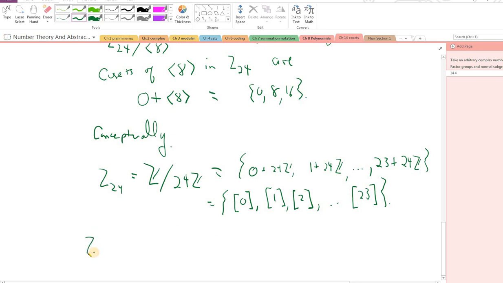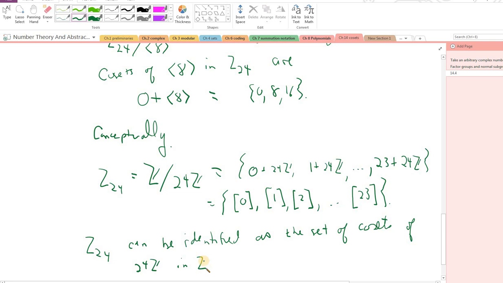So Z24 can be identified as the set of cosets of 24Z in Z with the operation of set addition.